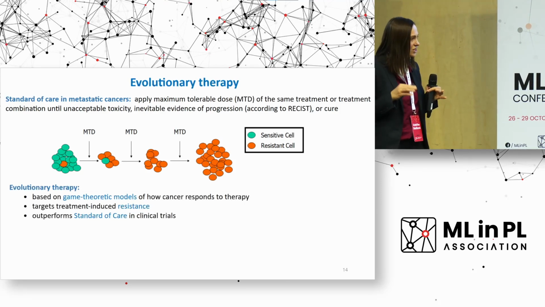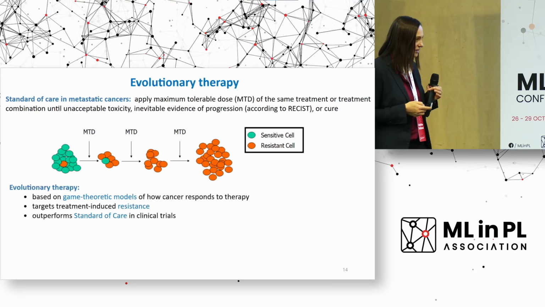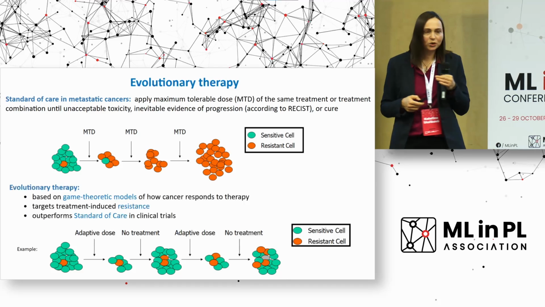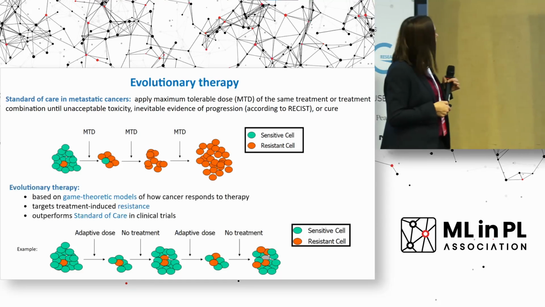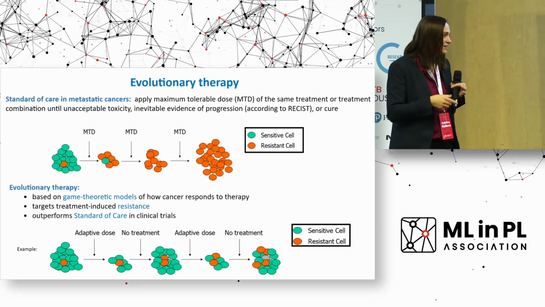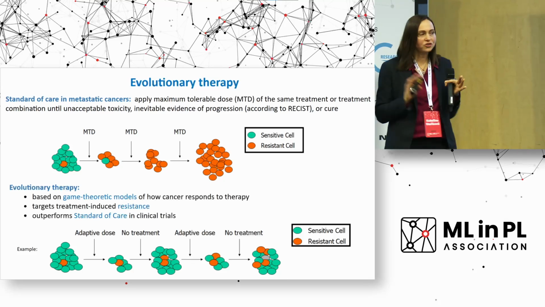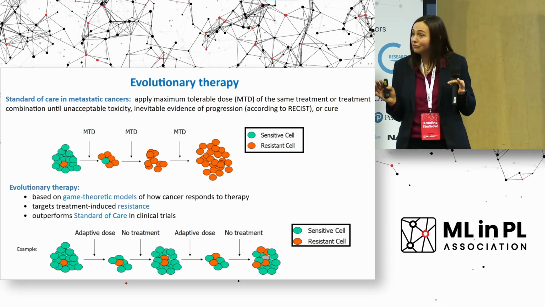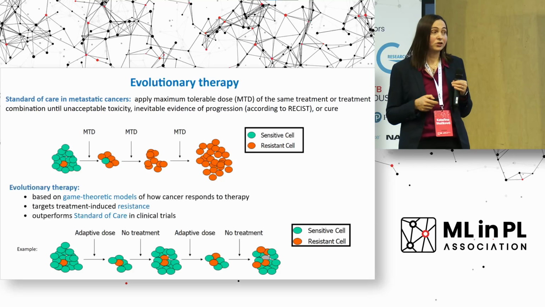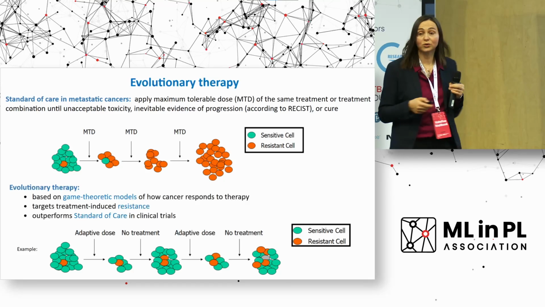Or I can even try to have some pauses between the treatments, yeah? So then you get these more dynamic protocols where you are really trying to not kill all the sensitive cells. So I treat a little. Once I notice the tumor shrank to maybe half, for example, I stop treating and I let the tumor regrow, and then I continue.